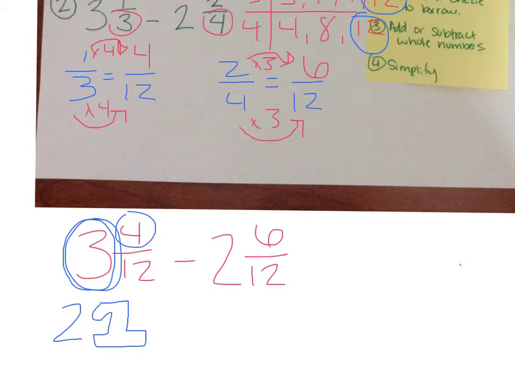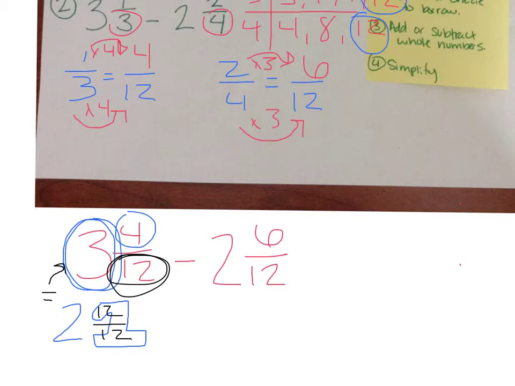And what goes in our onesie? We have to look at our denominator. The 12 is going to be in our onesie. So we have 12 over 12. I know that's kind of hard to see. Remember that 2 plus 12 over 12 equals 3. These are equal.